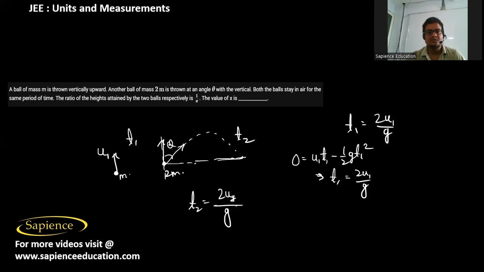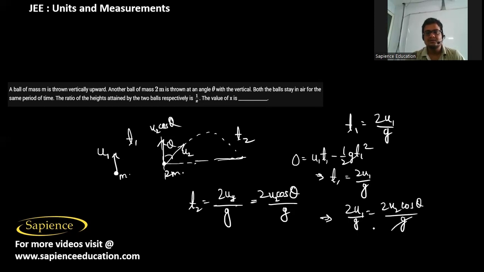The y component of the initial velocity u2 is u2 cos theta, so it will be 2u2 cos theta by g. These two are the same, so 2u1 by g equals 2u2 cos theta by g. The 2 by g will cancel, so cos theta equals u1 by u2.